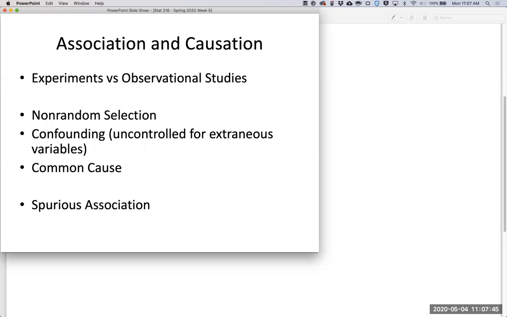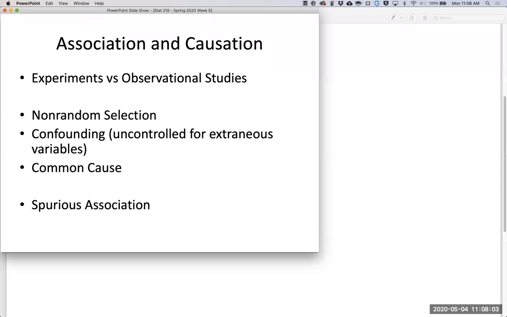Okay, last thing right now, and that is association and causation. You all know that in an experiment, if there's a difference found between the two means, it's because of a causal relationship. The two groups are what cause the means to be different.